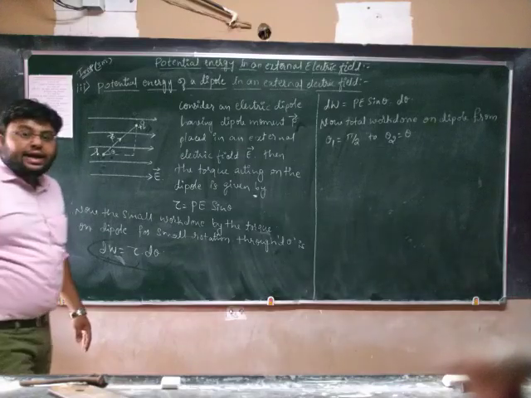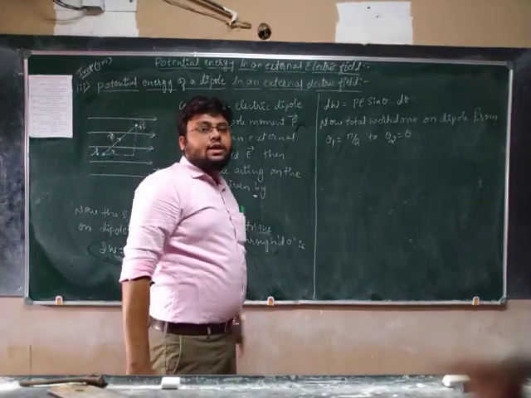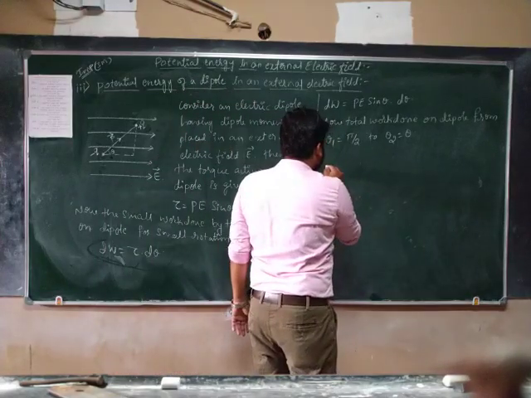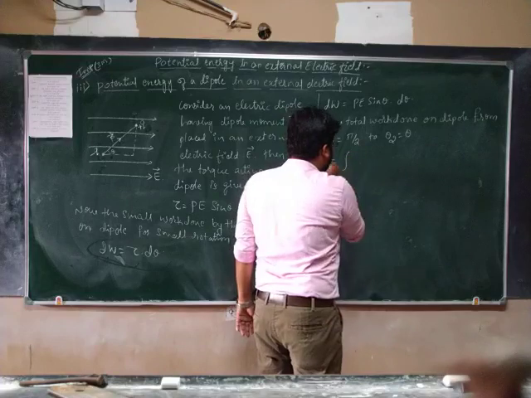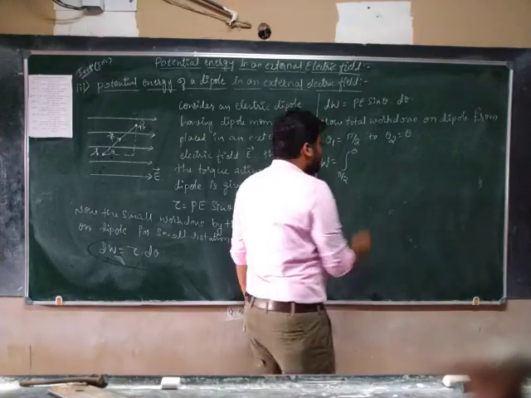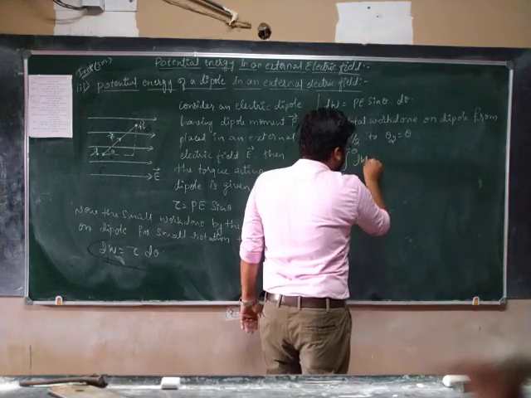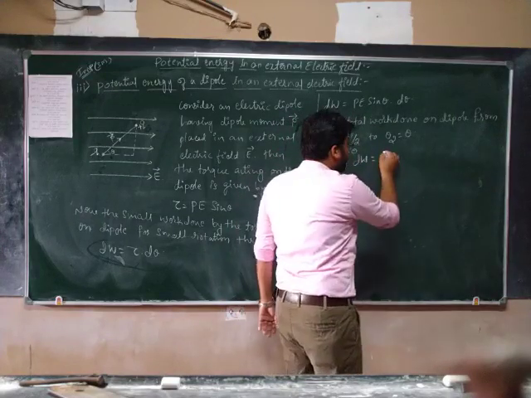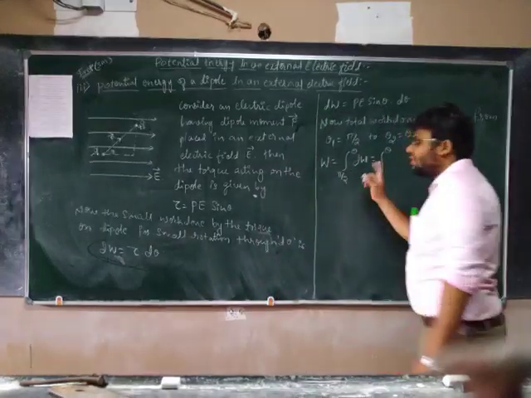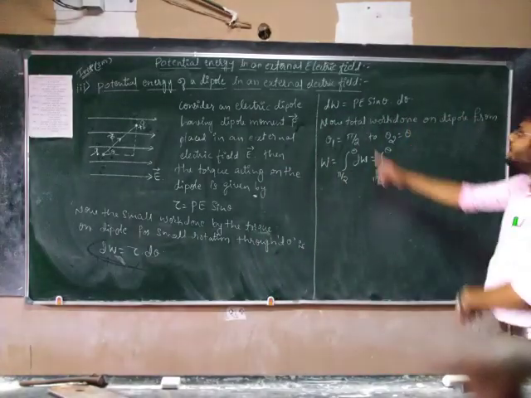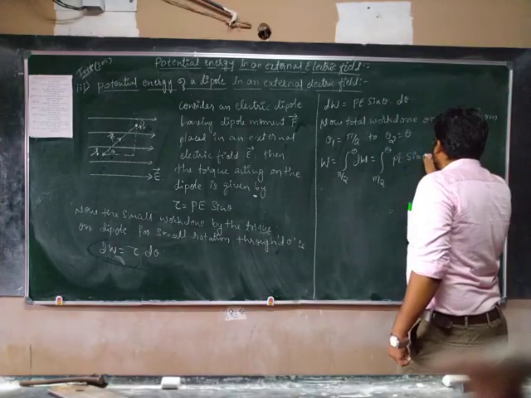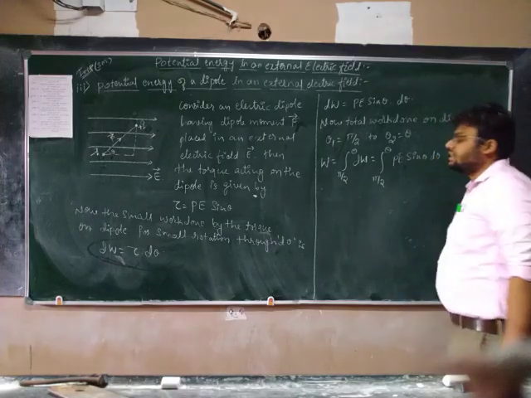Then we have to integrate over the limits pi by 2 to theta. So that is W is equal to the integration from pi by 2 to theta of dW, which is equal to the integration from pi by 2 to theta of pE sin theta d theta.